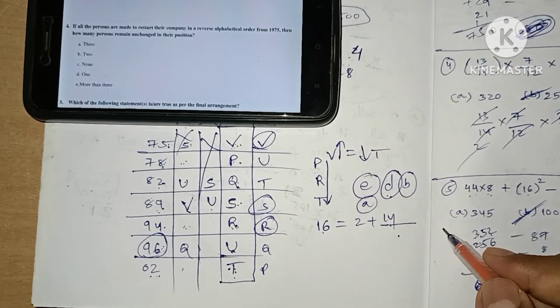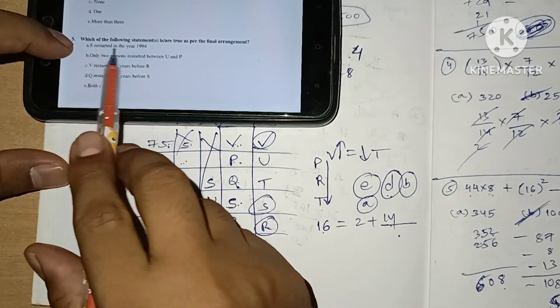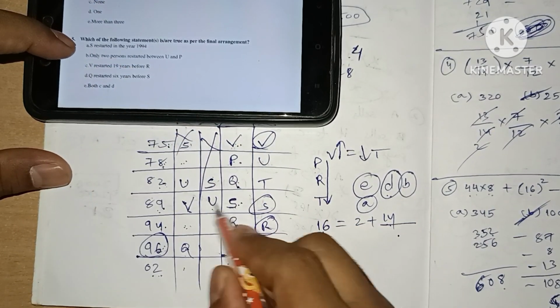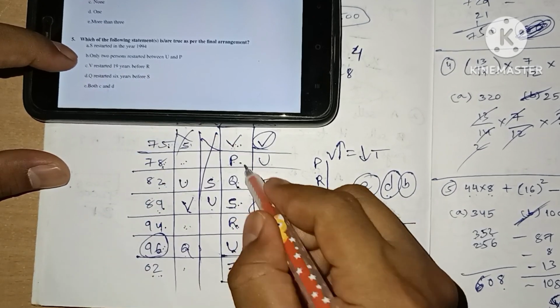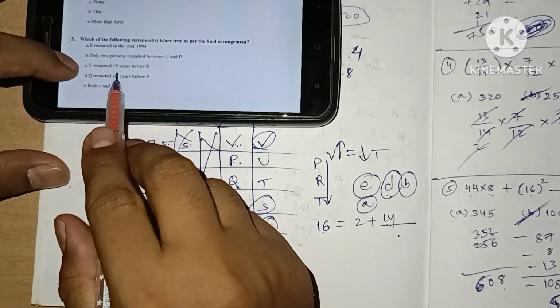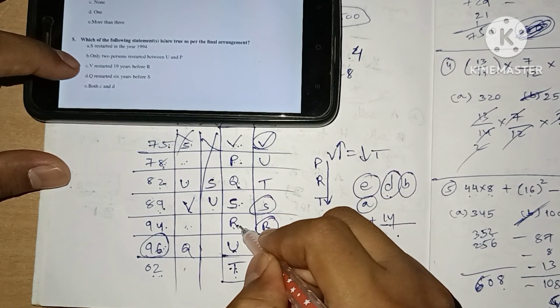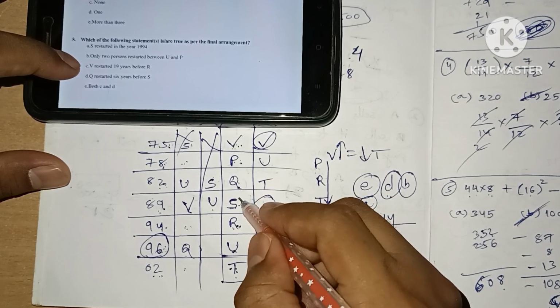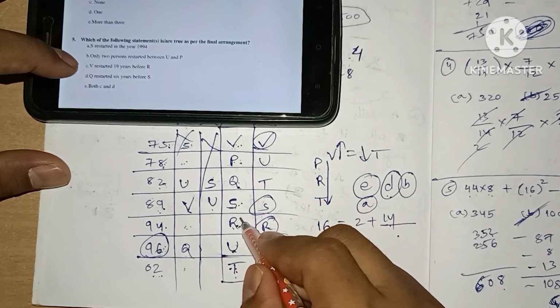Next, fifth question. Which of the following statements is true? S restarted in 94. No. Only 2 persons restarted between U and P. Between U and P there are 3 persons. V restarted 19 years before R. Before R there is no U. So wait, talking about V, R is here and V is here.